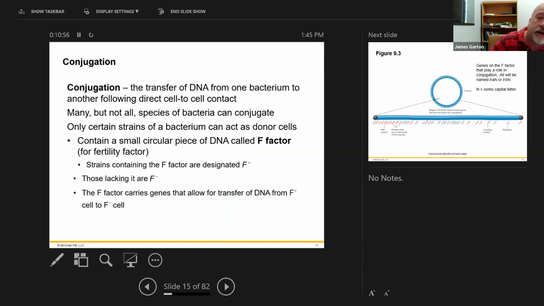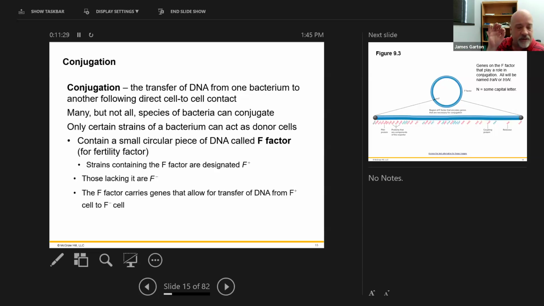Now, conjugation is direct transfer of DNA from one cell to another. A lot of bacterial species can conjugate, but not all. And the ones that are capable of this have a plasmid called an F factor. And F just means a fertility factor. If a bacterial cell has the F factor, it is designated F plus.